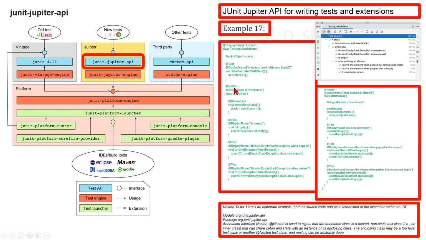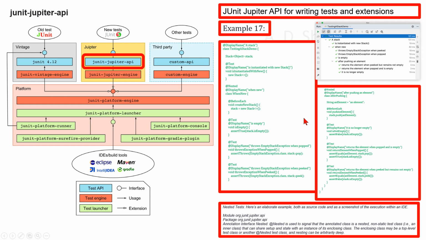Such nested tests make use of Java nested classes and facilitate hierarchical thinking about the test structure. Here's an elaborate example, both as source code and as a screenshot of the execution in an IDE. Here's the nested test suite for testing a stack.